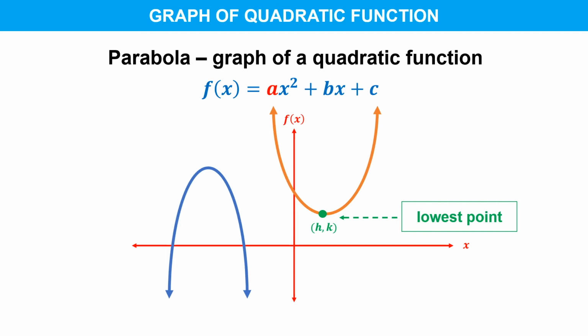Its minimum value is k. If a parabola opens downward, it has a highest point at h, k, and the quadratic function has a maximum value. Its maximum value is k.